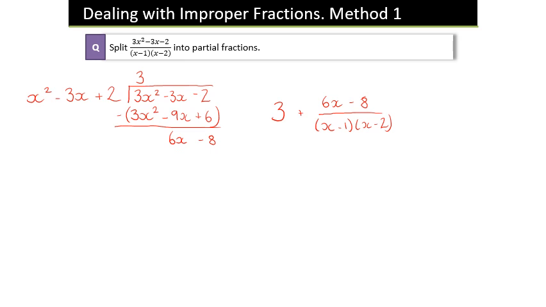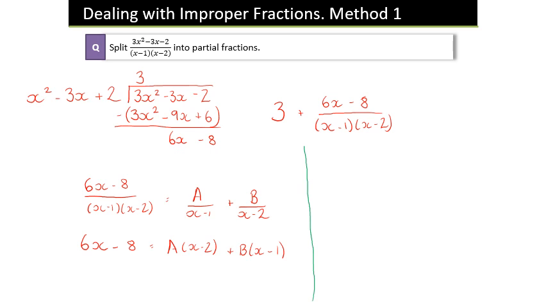So I know that 6x minus 8 over x minus 1, x minus 2 can be written as something over x minus 1 plus something over x minus 2. I'm then going to multiply my first fraction here by x minus 2 and my second fraction by x minus 1.